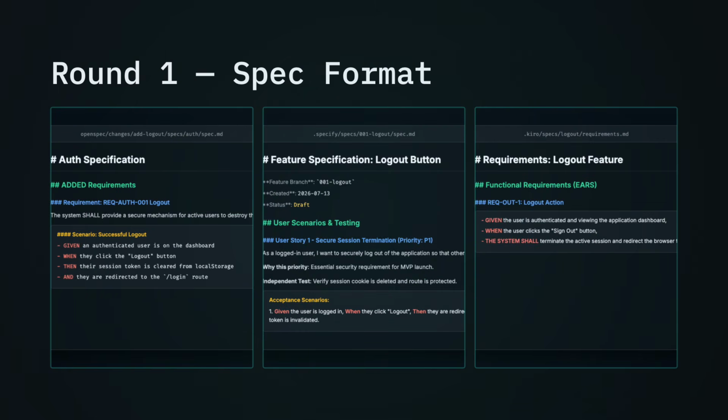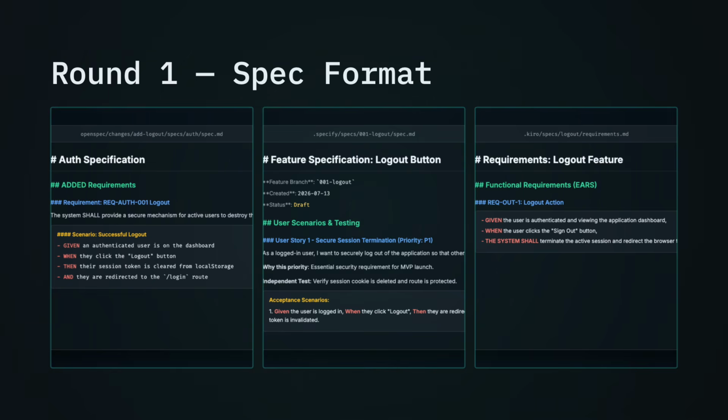Round 1, spec format. OpenSpec stores its specs under an OpenSpec folder, written in plain Markdown, using RFC 2119 keywords like shall and must, with acceptance scenarios in given, when, then form. GitHub Spec Kit stores its specs under a hidden .specify folder, structured as prioritized user stories, P1, P2, P3, with their own acceptance scenarios.